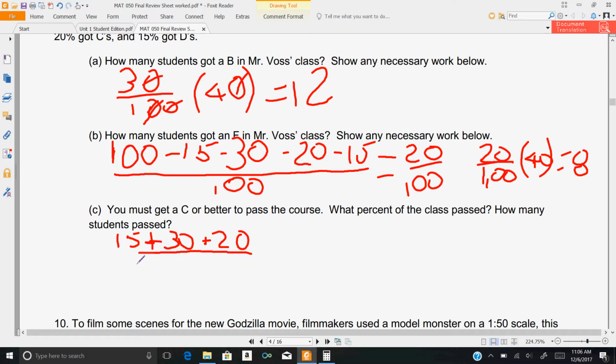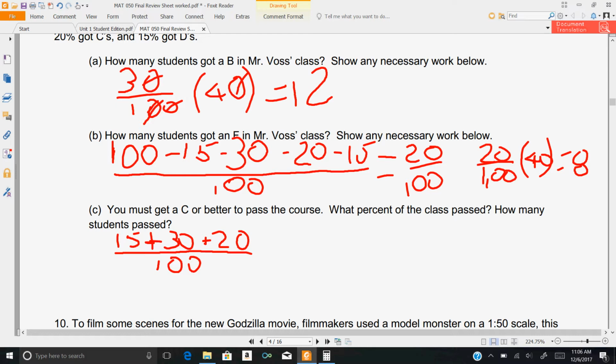We add those up, and to change the percentage to a decimal, we'll divide by 100. Because that really means 30 plus 20 is 50, and I add 15, I get 65.